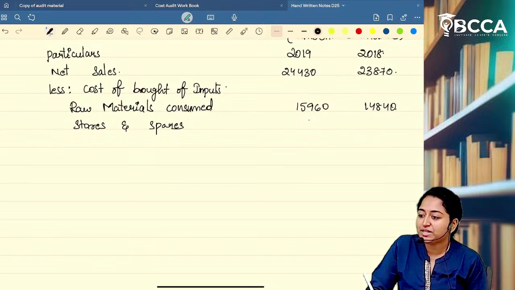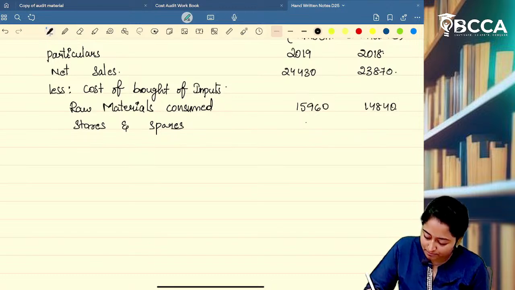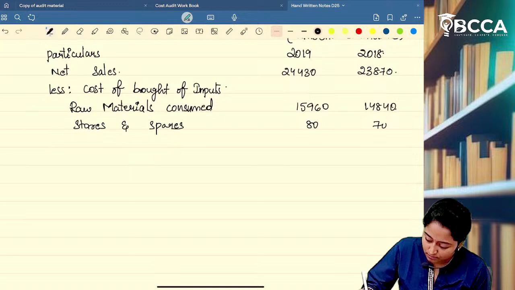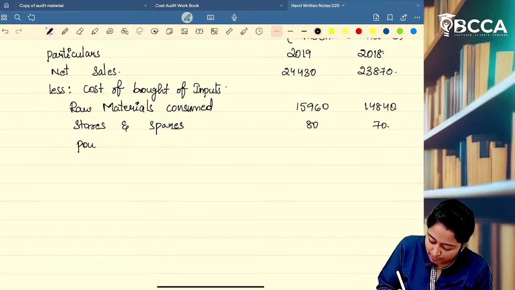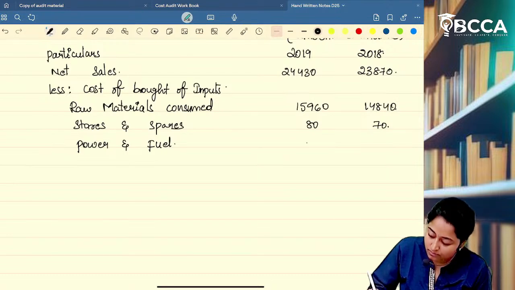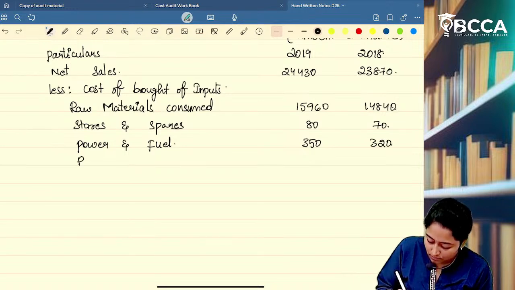How much stores and spares? Then power and fuel, $350. Then repairs and maintenance.